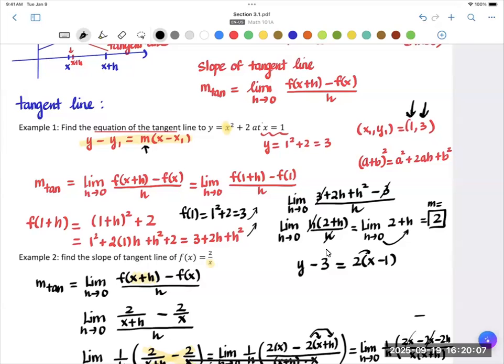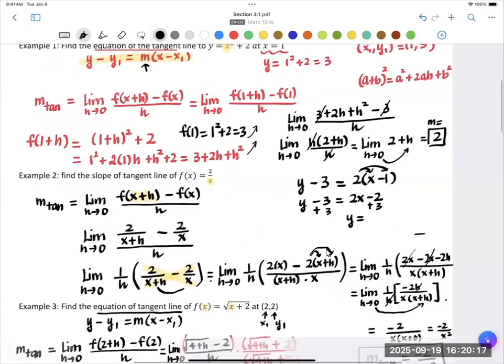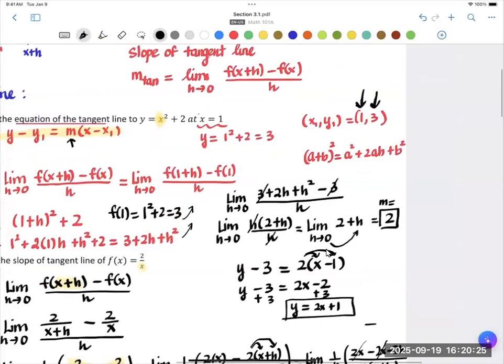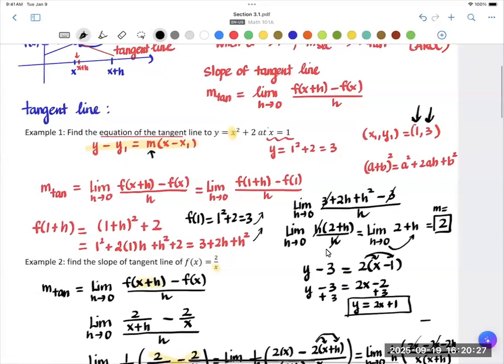Distributing the 2, I will have y minus 3 equals 2x minus 2. Adding 3 on both sides, I will have y equals 2x plus 1. So that is our equation of the tangent line to the function y equals x squared plus 2 at x equals 1.